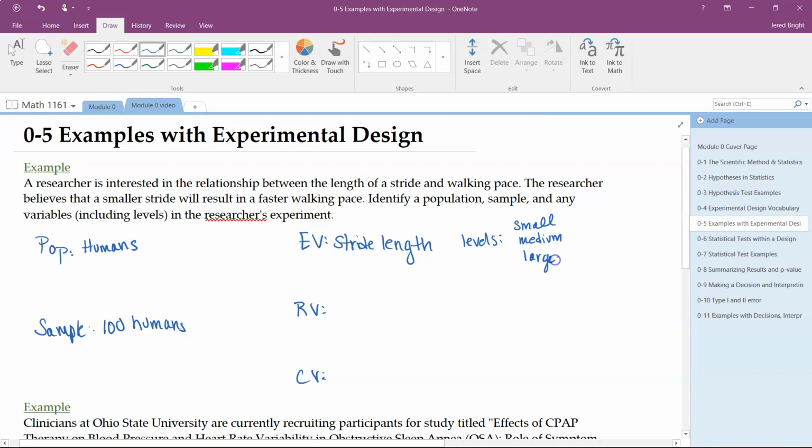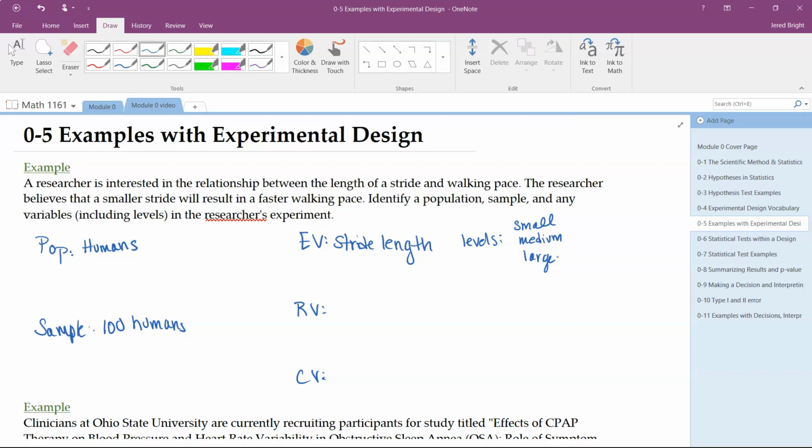We would need more details about the actual hypothesis test and experimental design to further specify these. Maybe there's a measure associated to small, medium, large. We don't know that though.